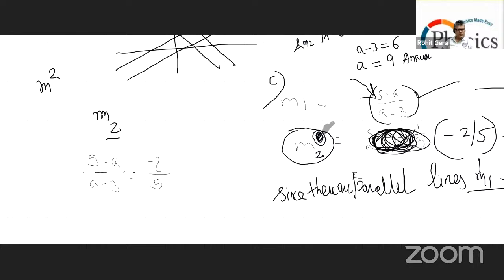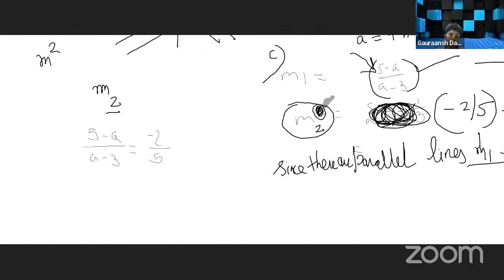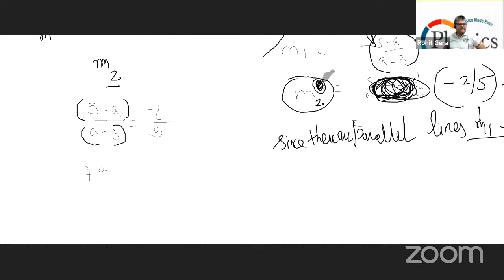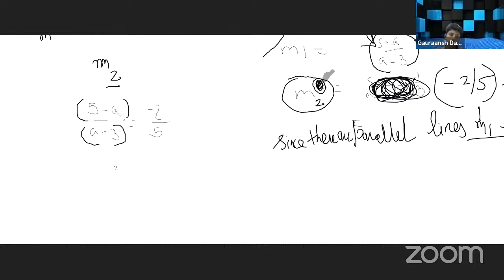Please don't speak, start doing it. 5 multiplied by (A minus 3), equals -2 multiplied by (A minus 3). Bracket is there. 25.